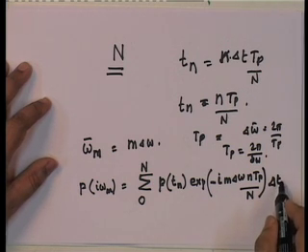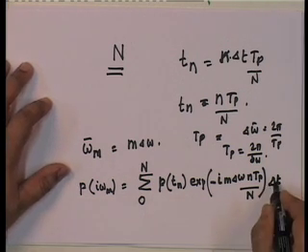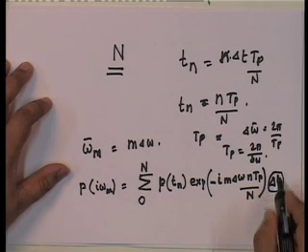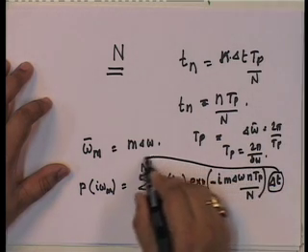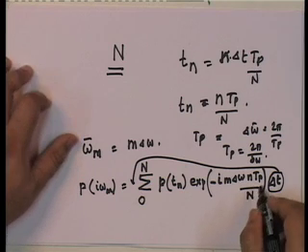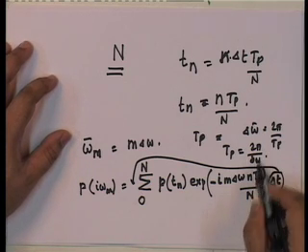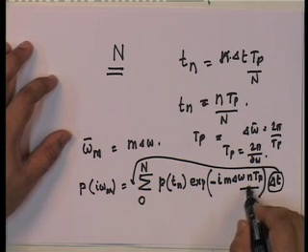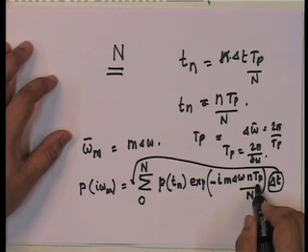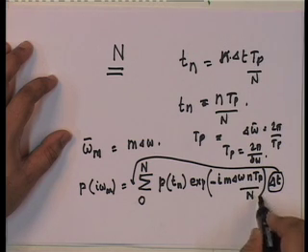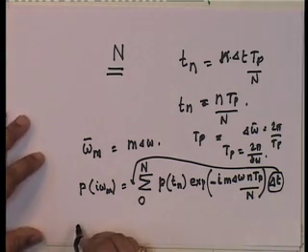Now, I can take this delta t outside, because this delta t is not a function of n. Note that Tp is 2 pi upon delta omega. So, if I plug it in here, what do I get? I get 2 pi upon delta omega, and delta omega cancels out. So, what do I have?